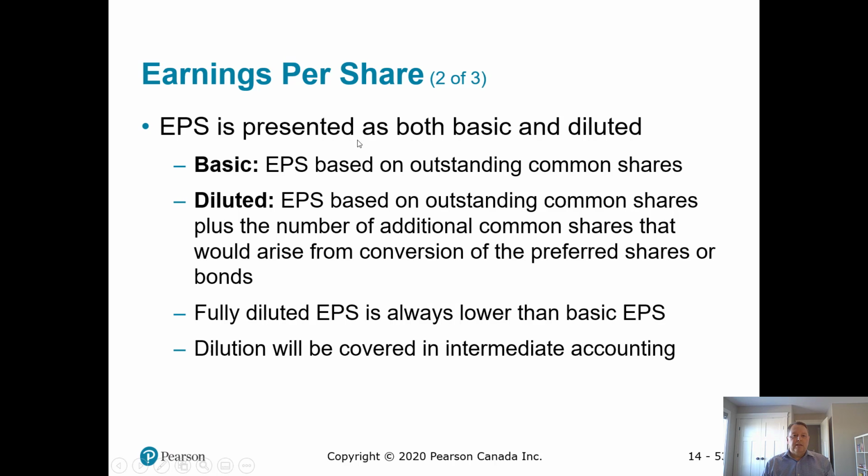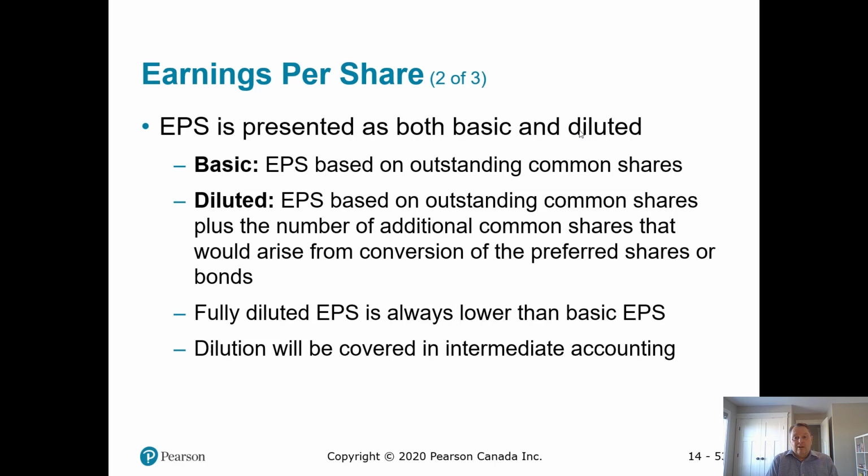So let's have a look at that. Earnings per share is presented both basic and diluted. And just understanding those two concepts is critical here. Basic means whatever the outstanding common shares are, that's the denominator in the calculation. Diluted just means if everybody who had some sort of option or right to convert some sort of investment into a common share did so, then how many would we have if we had fully diluted those earnings per share?